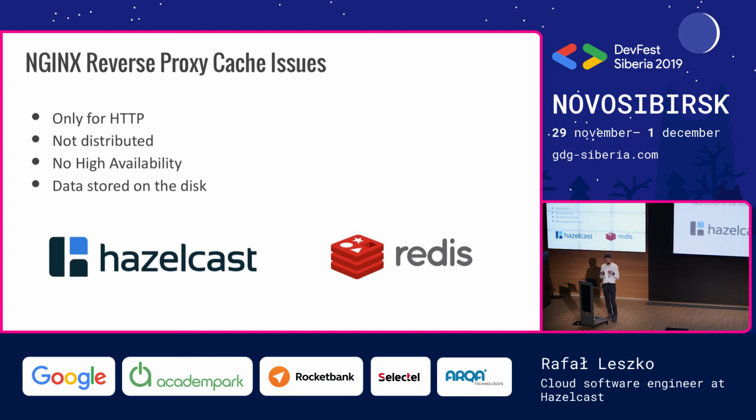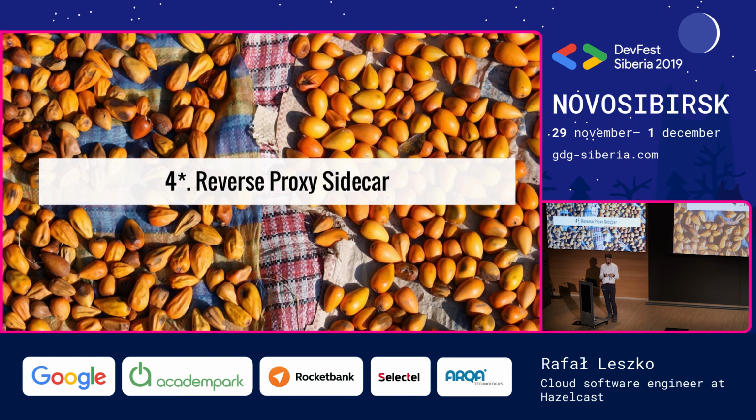If we take this idea of reverse proxy, so putting your cache in front of your service, and merge it with the idea of sidecar, we end up with the last version of the pattern, which is reverse proxy sidecar. For reverse proxy sidecar there's no major solution yet, but people are working actively on that, so this will become a big thing very soon.